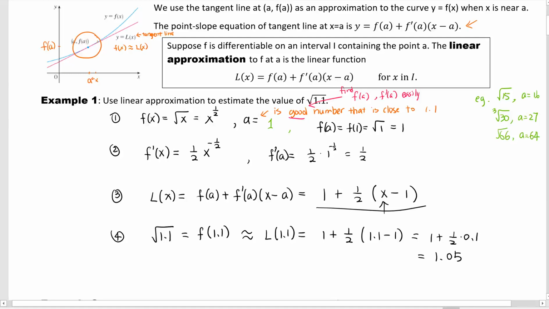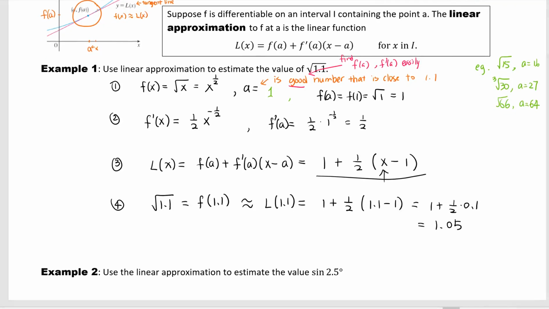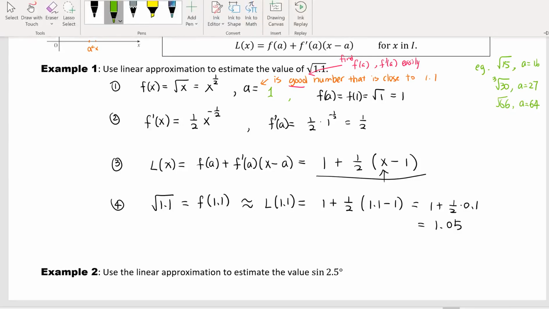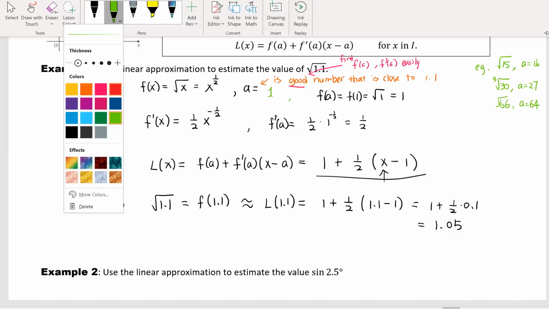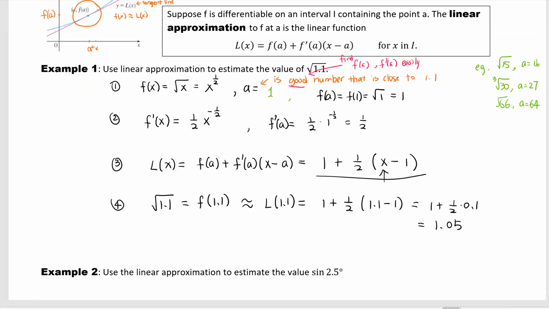Okay, so a typical mistake is sometimes students plug in square root of 1.1. So let me put the typical mistake. The typical mistake is sometimes students put square root of 1.1 here. No, you don't want to plug in square root of 1.1. Think about it.